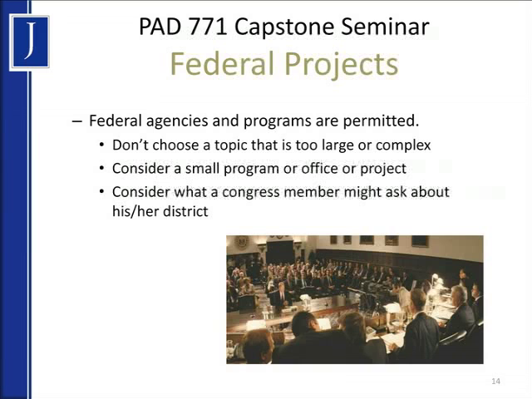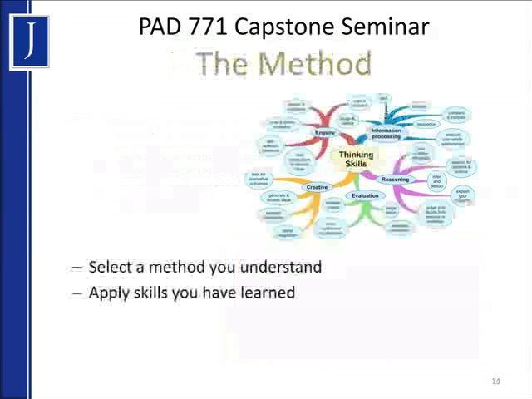Federal agencies and programs are permitted, but don't choose a topic that is too large or too complex. Consider a small program or office or project. For example, consider what a Congress member or state assembly member might ask about his or her district.